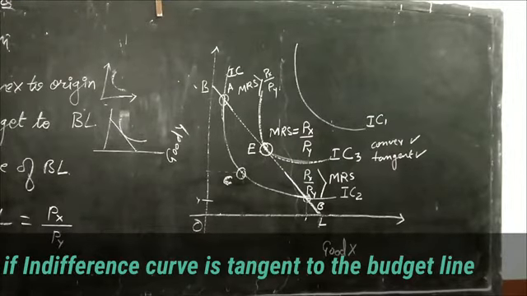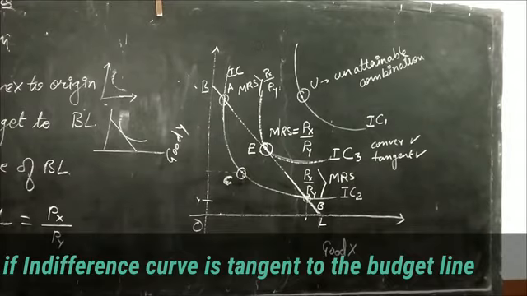Here IC1 is situated higher, but although it provides higher satisfaction, the consumer can't purchase the combinations lying on IC1. The reason is that the consumer does not have enough money or budget to purchase those combinations. It means all the combinations lying on IC1 are unattainable combinations.